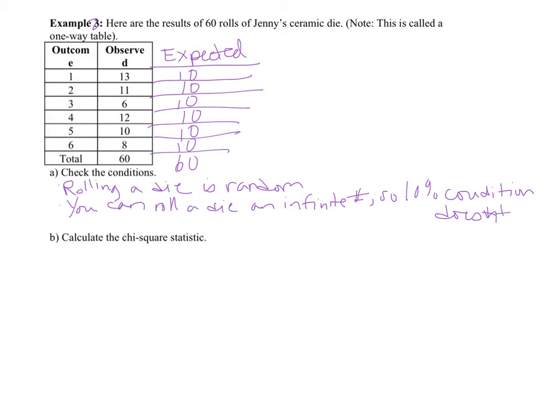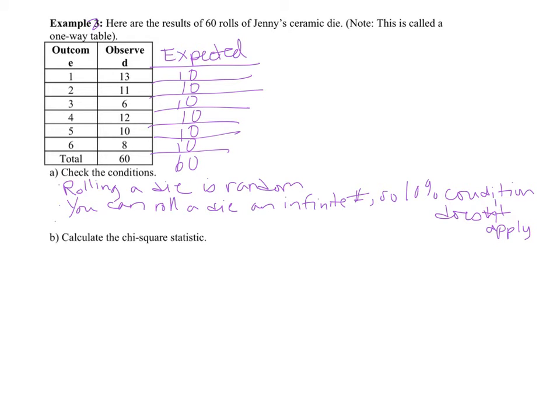And you'll find actually the 10% condition is really only necessary when you are sampling from a larger population. In this case, we have an infinite population, so we don't even really need to worry about that. But I'm going to write it out anyway, just because you've been checking it for everything. But in some cases, you don't even have to concern yourself with it.